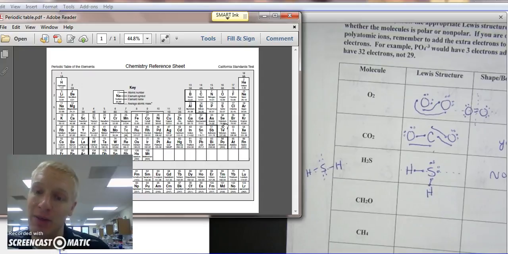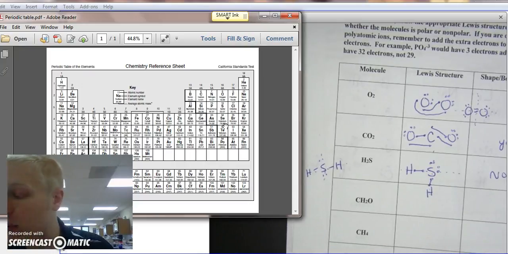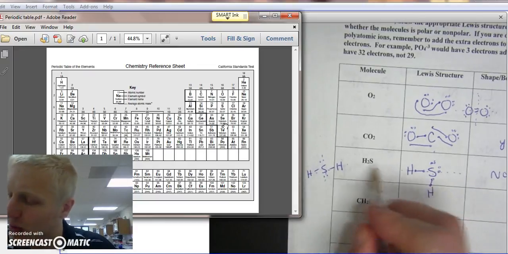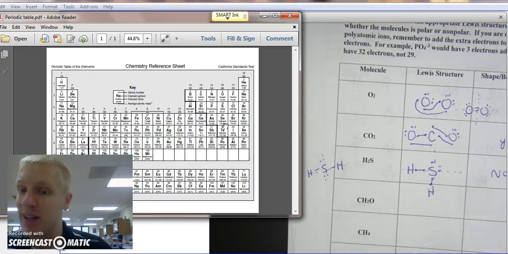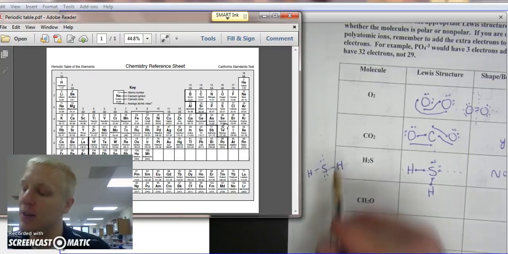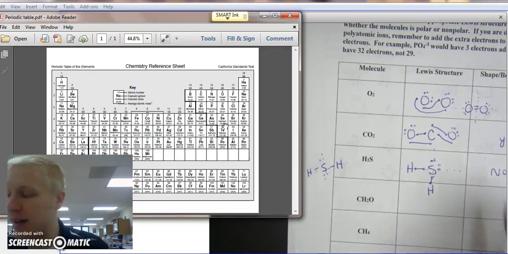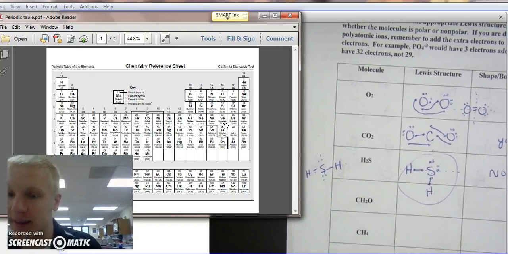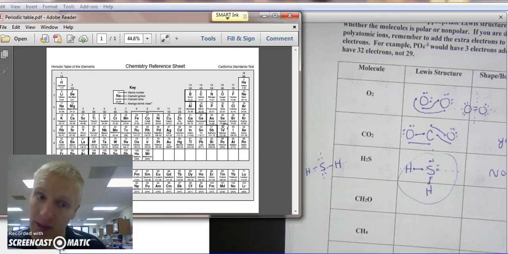And the shape is what you look at, really, to determine whether it's polar or non-polar. And this is one of those weird ones where you have to know VSEPR theory in order to really be able to know that this is not symmetrical and it's polar. So it should be written like this. That's the correct drawing. That'll make sense a little later on.